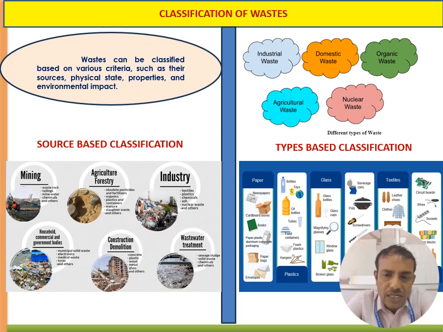It belongs to this institutional waste. Commercial waste generally comes from hotels and restaurants, and these are some of the examples for commercial waste. It can be food waste and other types of waste coming from this commercial location. So this is considered as commercial waste.